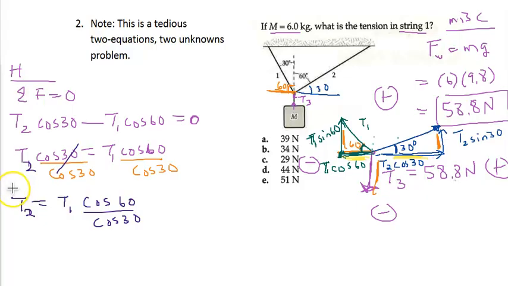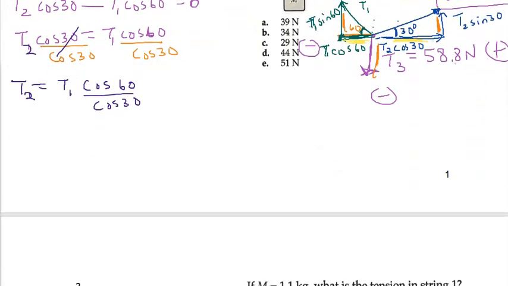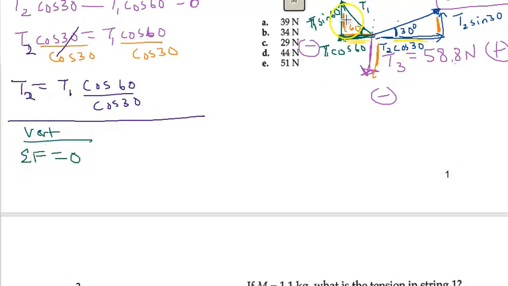Haven't solved the problem yet, but that's okay. We have another column to do. So that's just the information in the horizontal column. And then in the vertical column, forces are also balanced. But I have 3 forces.